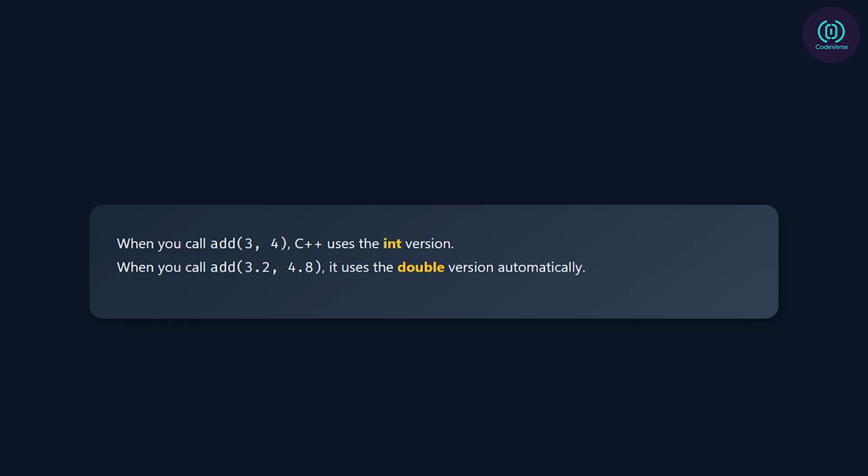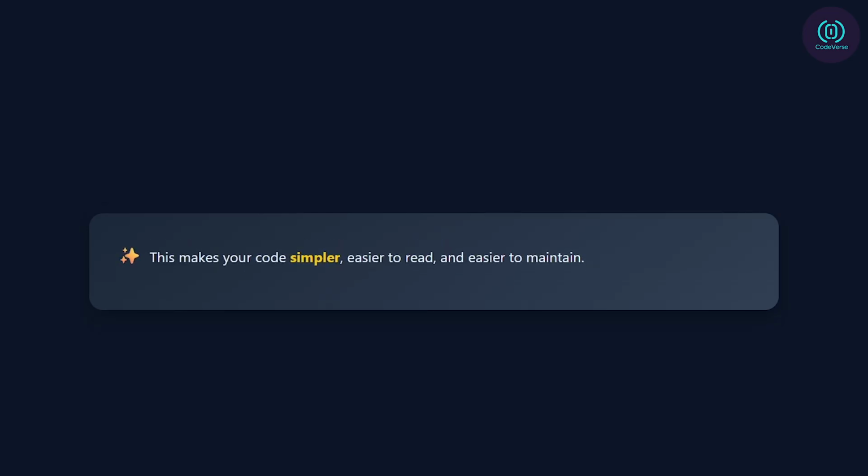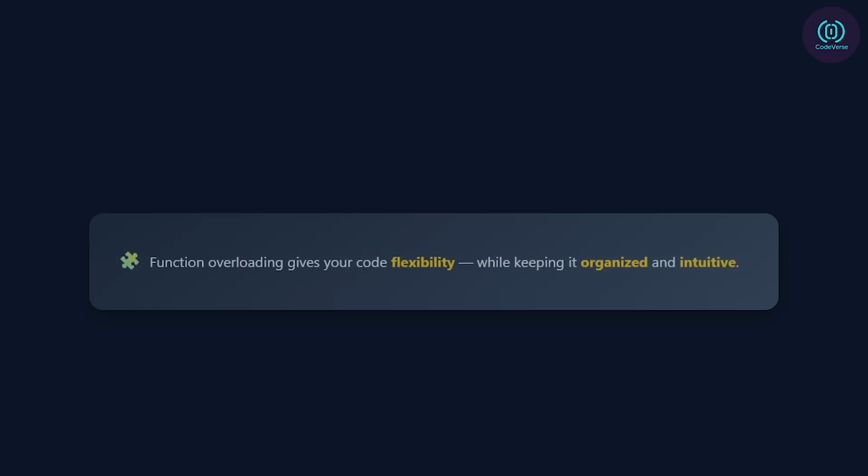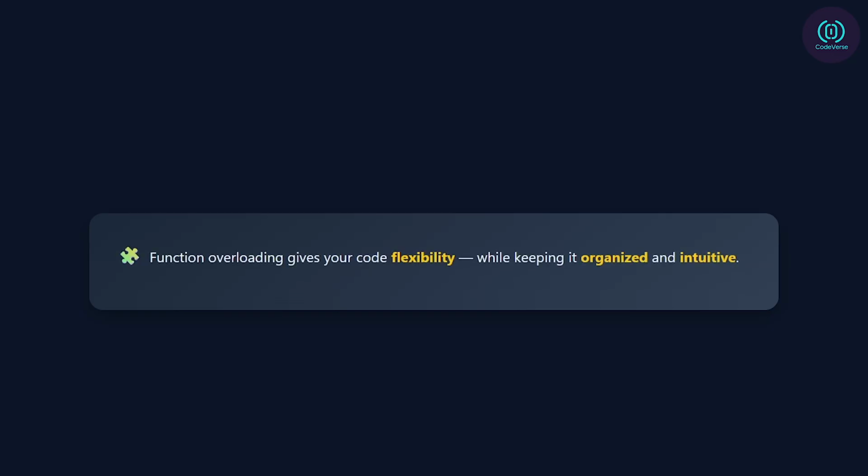When you call add(3.2, 4.8), it switches to the double version. This makes your code simpler, easier to read, and easier to maintain. And the best part? You don't have to remember multiple function names for similar tasks, just call add, and let the compiler handle the rest. Function overloading gives your code flexibility, while keeping it organized and intuitive.